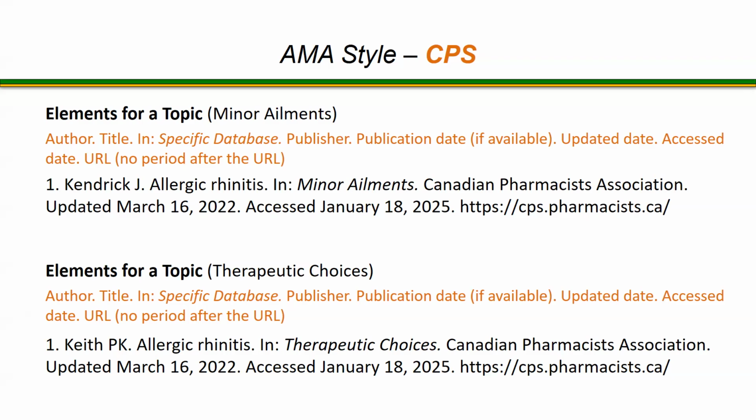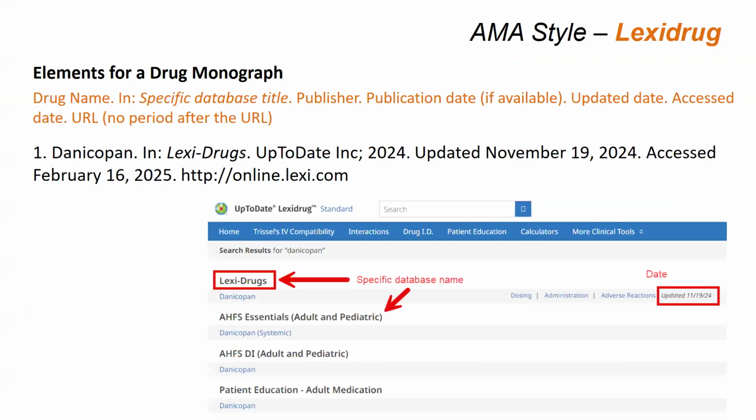I also listed an example here for therapeutic choices, so you know how to list it out. What about LexiDrug? Here's an example for the drug monograph. Again, it's really important to note the specific database name from which the information comes. So here, when you are doing a search for a drug, notice how it separates out the different information based on the database name.